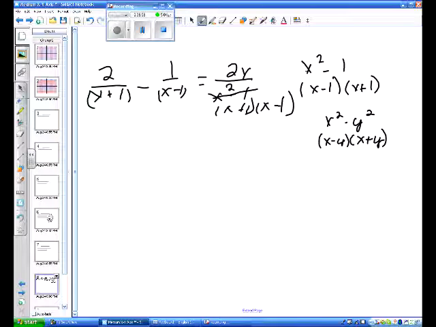So our common denominator then is going to be x minus 1, x plus 1.